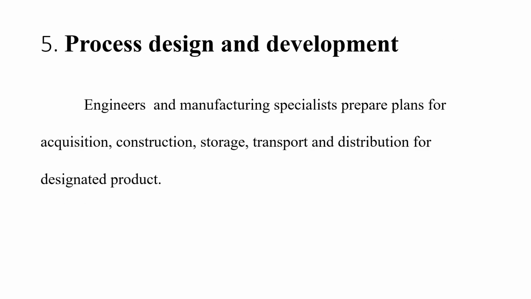Next step is process design and development. The engineers and manufacturers must have a plan about the acquisition, construction, storage, transportation, and distribution of the product. While producing the product, the engineers must have the plan.